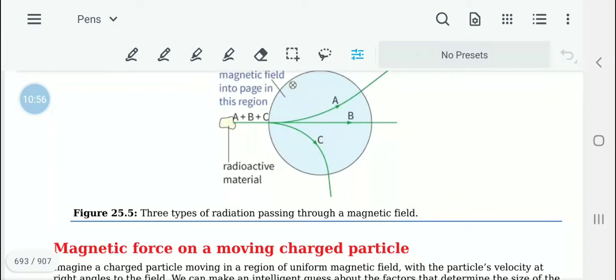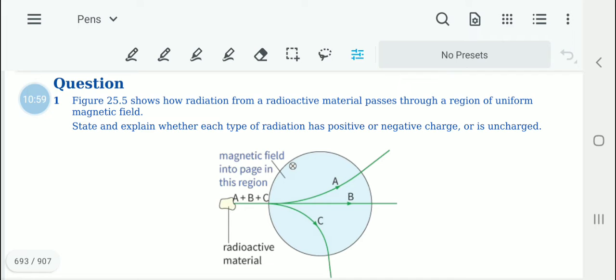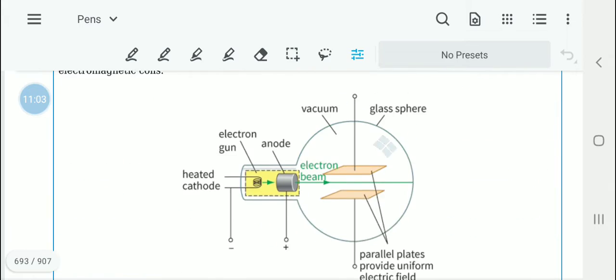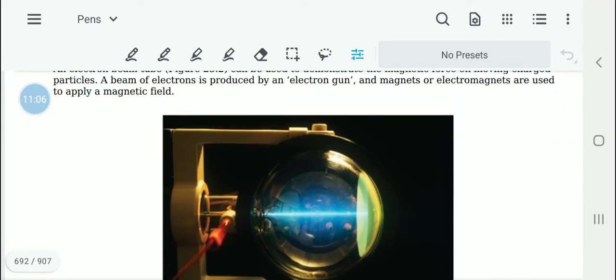I would suggest that you do question number 1 before we move on to the next part. But before that, let's write down a note on what we have learned so far.